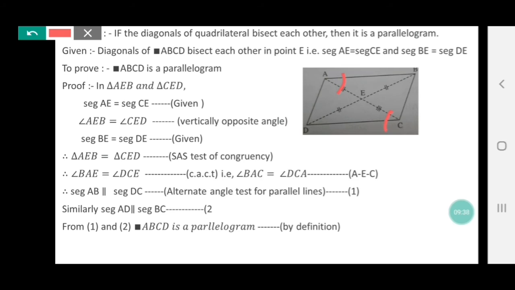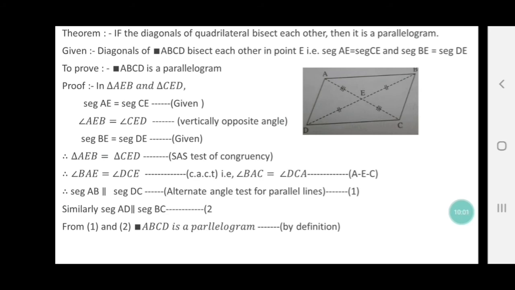Similarly, I can show that AD is parallel to BC, so this will be my equation number 2. Now from 1 and 2, quadrilateral ABCD is a parallelogram, also by definition, since the opposite sides are parallel.